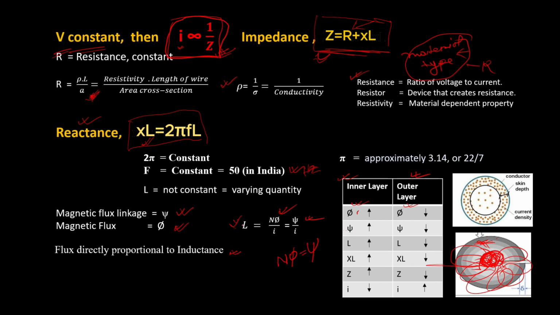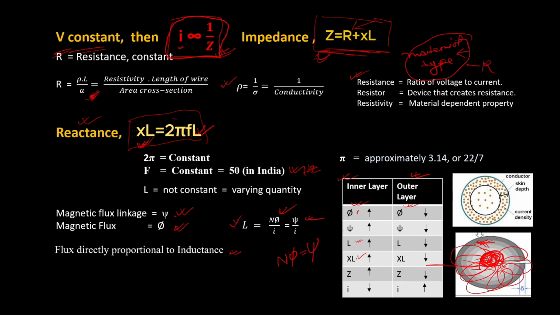Then if phi increases, that means L will increase. Magnetic flux increasing, so L will also increase. If L increases, then XL also increases, because XL is equal to 2 pi F L, and 2 pi and F are constant. L is varying.